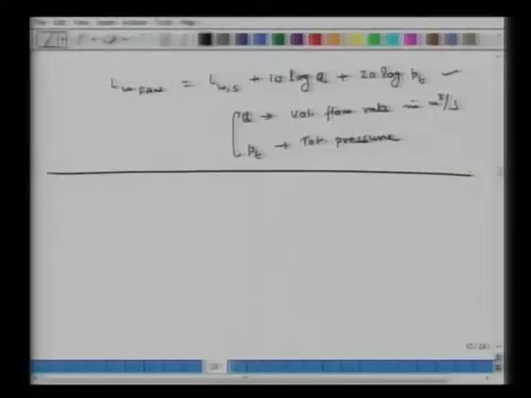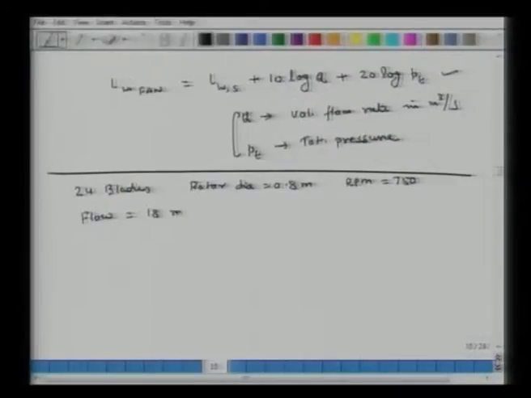We will do a very quick simple example to make things look more simple. Let us say a fan has 24 blades, rotor diameter equals 0.8 meters, RPM is 750, flow equals 18 meter cube per second, and total pressure is 1.5 kPa.